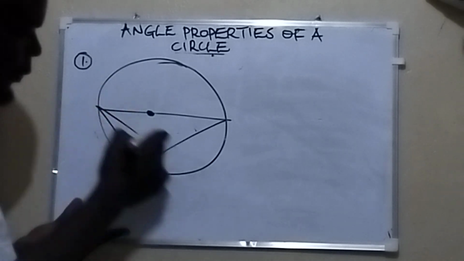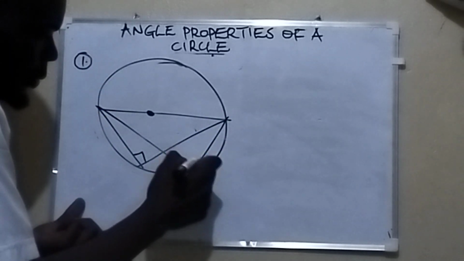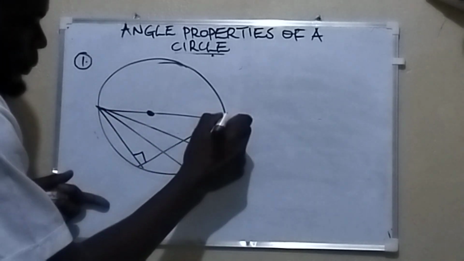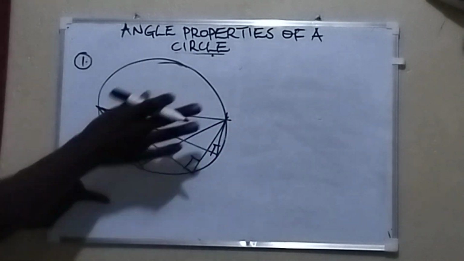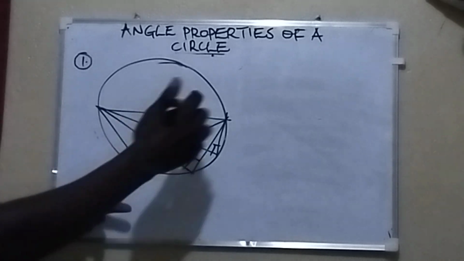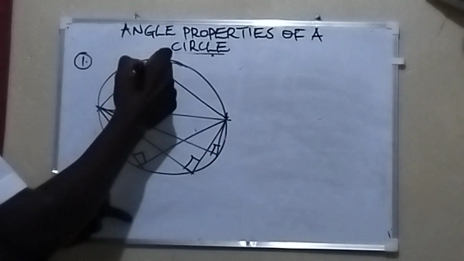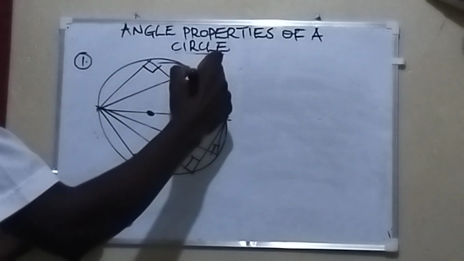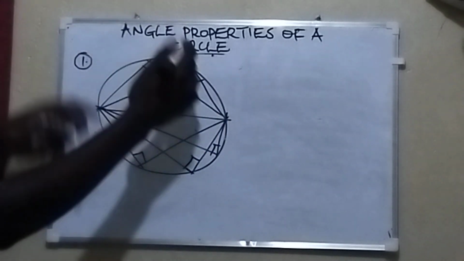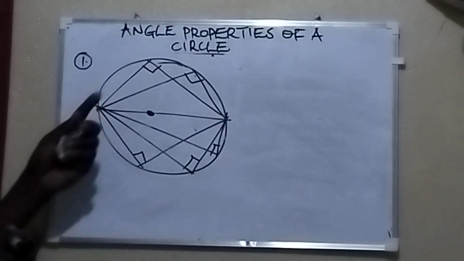So if it again subtends another angle, again it will be 90. In this segment, half of the circle, this side. Again, if it is this other side, that will be 90 degrees. If it again subtends another angle towards that segment, also 90 degrees.